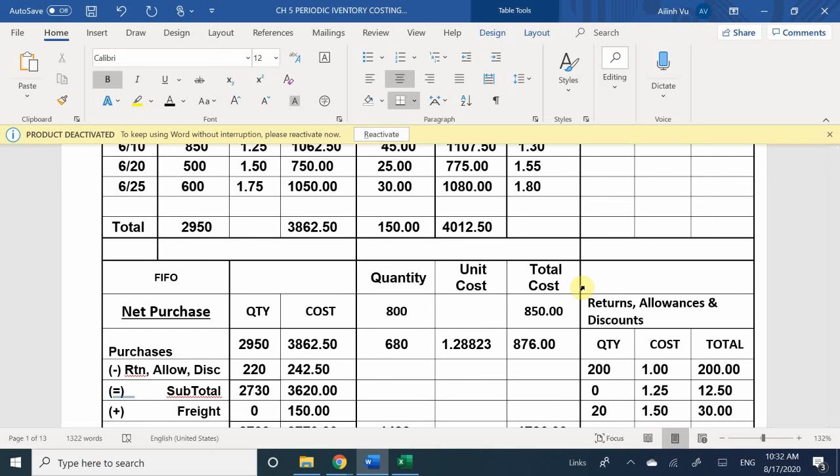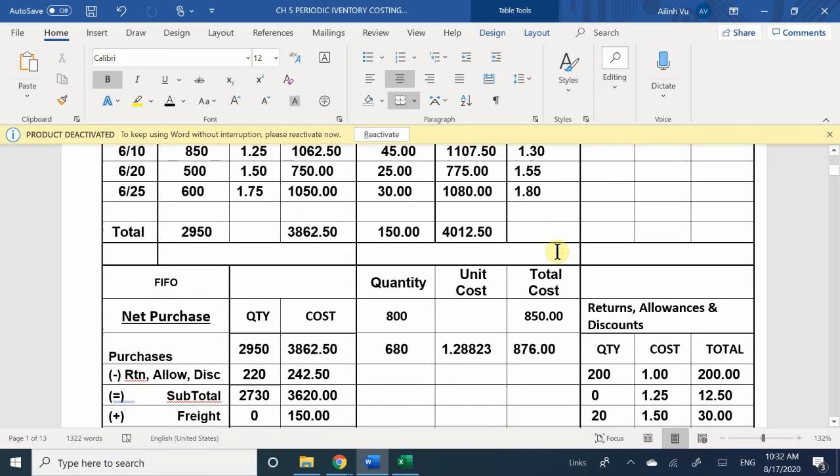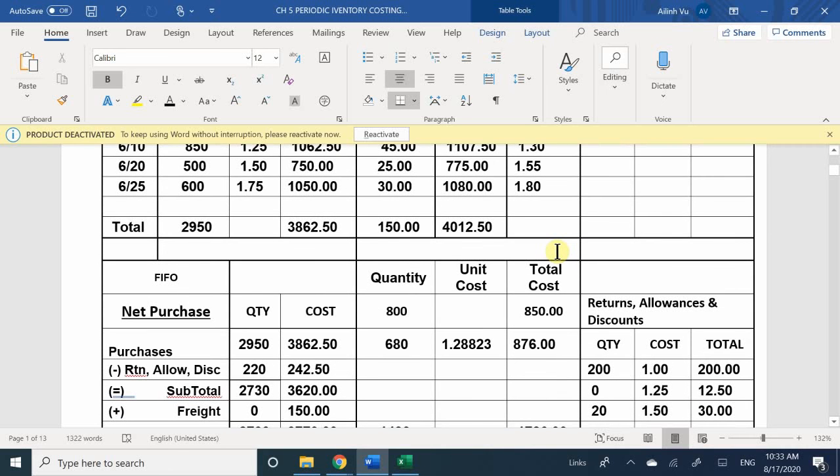Okay? We only have 800 because we returned 200 of the 1,000. Can you repeat that question again? So, because we originally had 1,000. Correct. And then with the freight made it the 105. Correct. We returned 200. We still leave the cost per item the same.